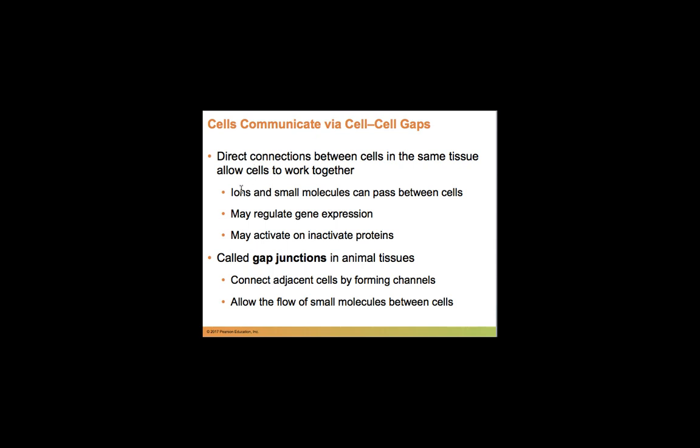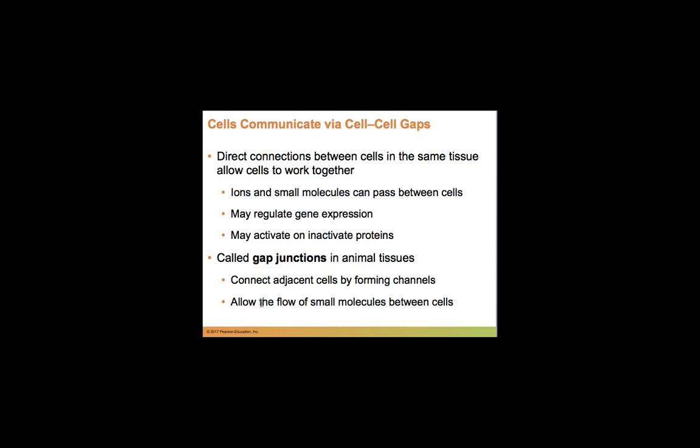So ions and small molecules will be able to pass between cells. This can have an impact on regulating gene expression, and it can activate or inactivate other proteins involved in that reaction. Once again, these are called gap junctions in animal cells. So gap junctions are important because they allow for the direct connection between the cytoplasm of two adjacent cells.